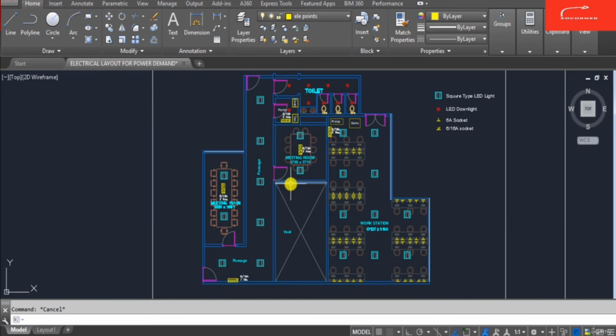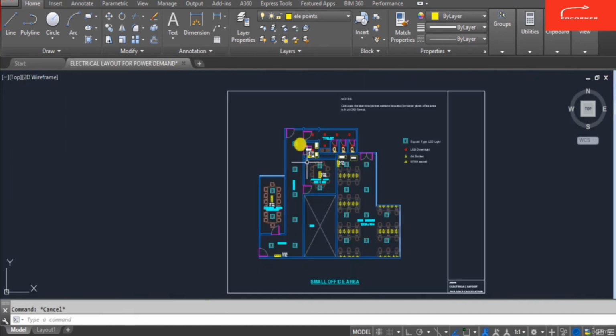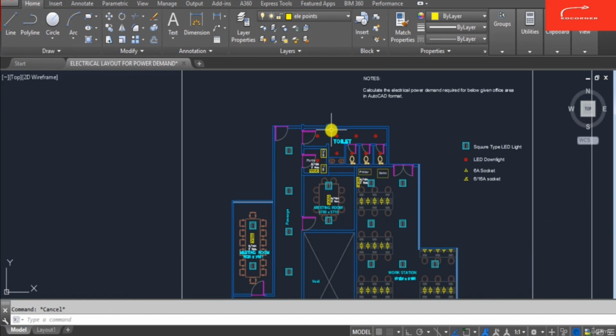So we can calculate any office or any area, because any office or area has the switch and sockets 6x16 amperes, 6 amperes, then the LED downlights as well as the square type LED lights. For each and every equipment we can calculate the power demand. So this is the power demand calculation we have done, and we can do multiple power requirements.